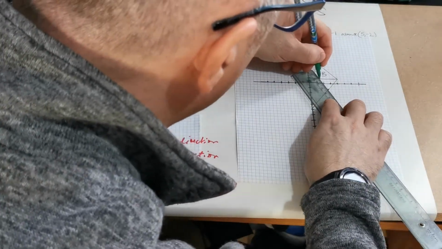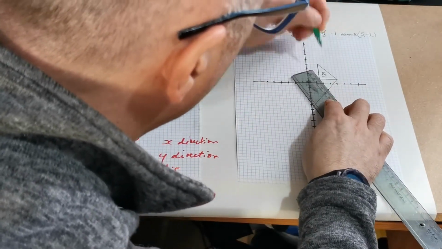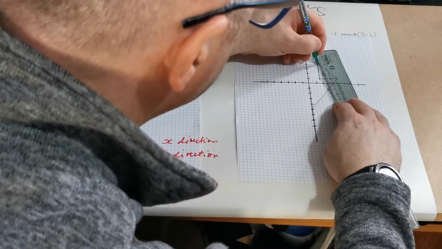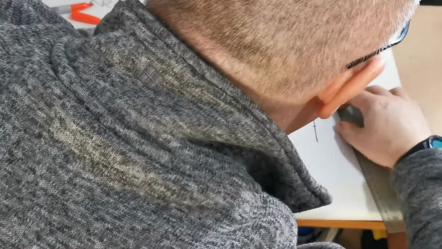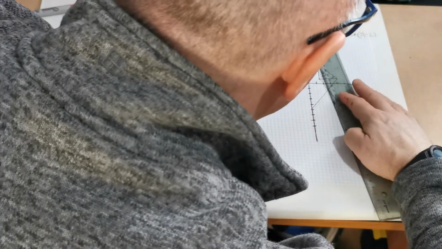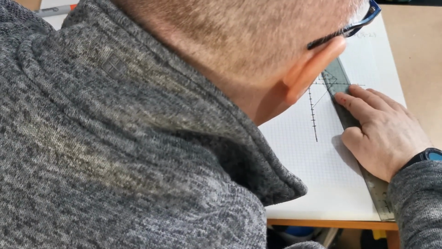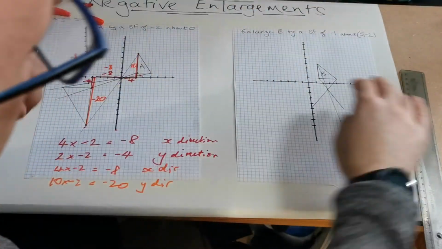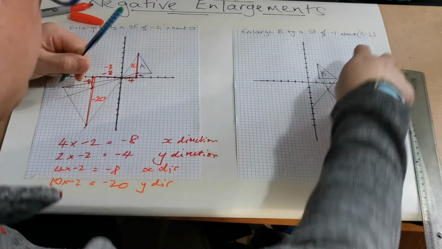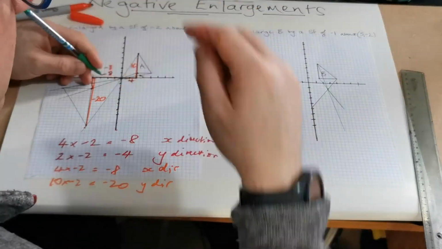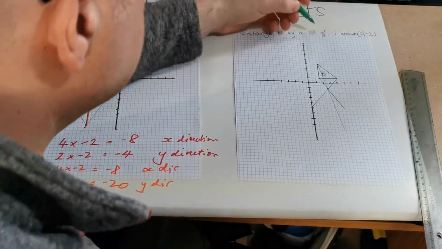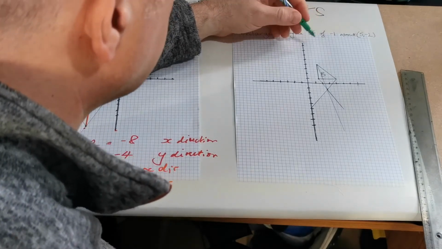Let's have a look at that one, and then have a look at this one. Sorry, I'm going to have to lean over so I can see it well. Okay, so they've all gone through the point 5, -2, and now I've got a scale factor of -1.